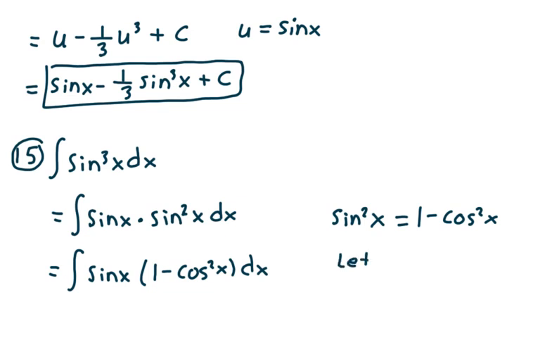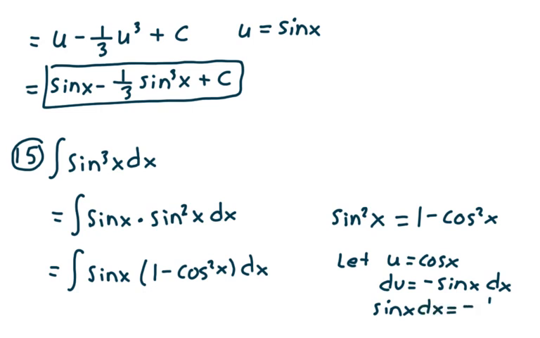So I'm going to let u equal cosine x. My du is negative sine x dx. So solving for sine x dx, I get negative du.